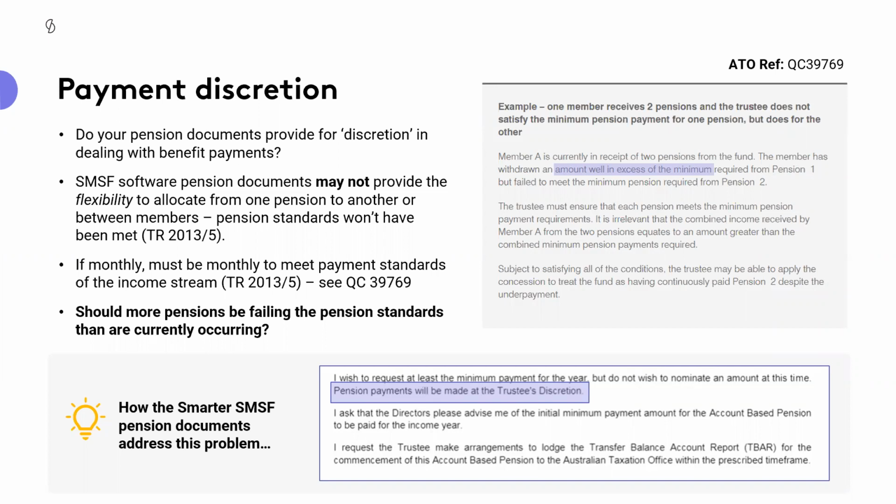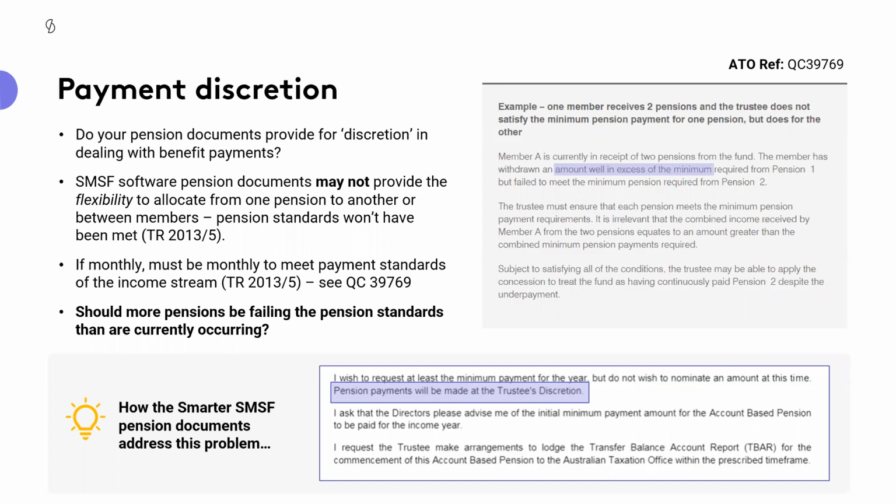So one member receives two pensions and the trustee does not satisfy the minimum for one of those pensions, but does for the other. So member A is in receipt of two pensions. The member has withdrawn an amount well in excess of the minimum required for pension 1, but has failed to meet the minimum for pension 2. The trustee must ensure that each pension meets the minimum payment requirements.